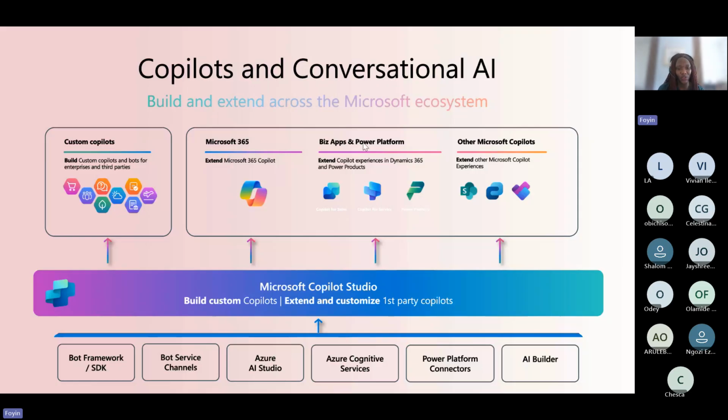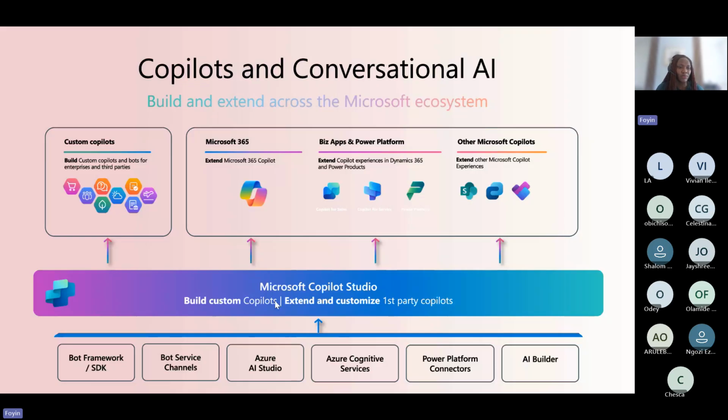Then some of the other applications also have Copilots in them, like Copilots for sales and for service. These are Dynamics products. And there's also Copilot in all of the Power Platform applications that we spoke about. And then we also have it in SharePoint as well, and some of the other Microsoft tools.